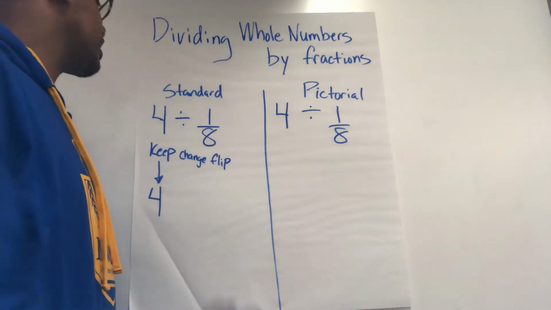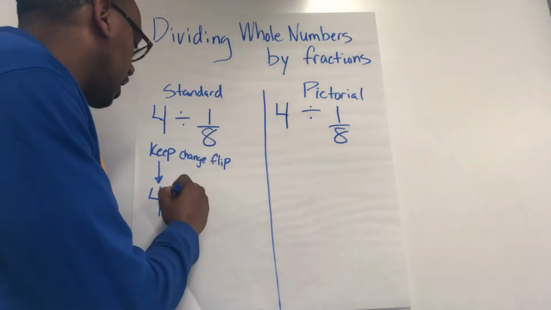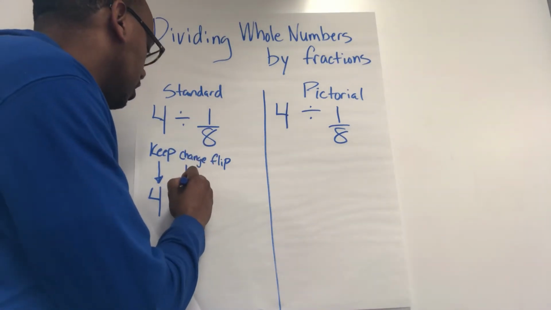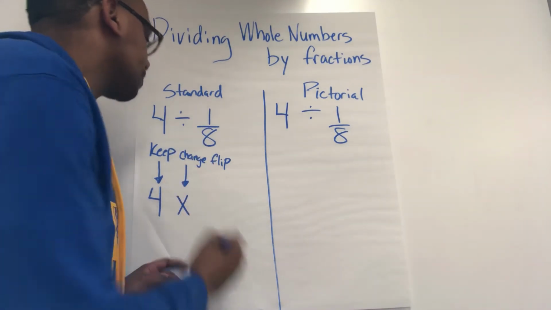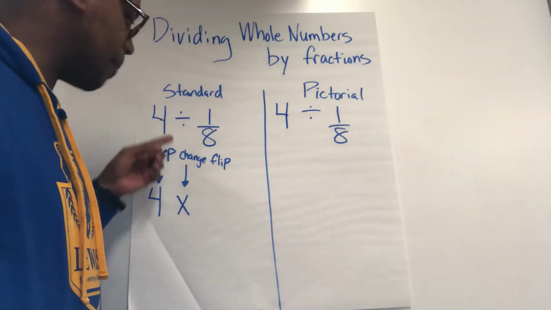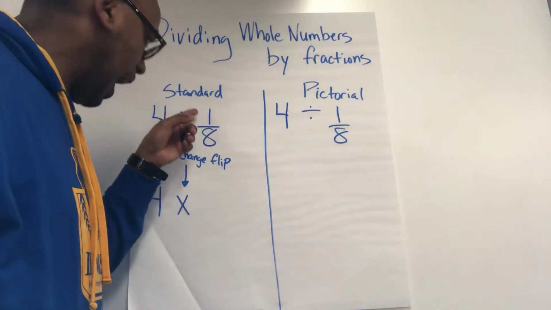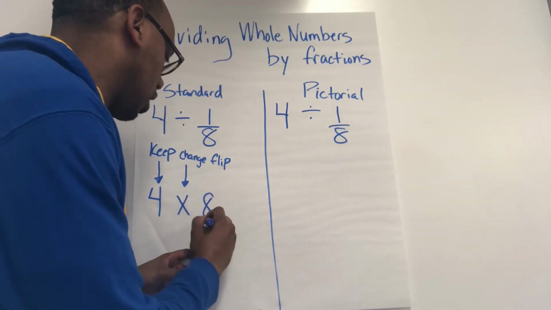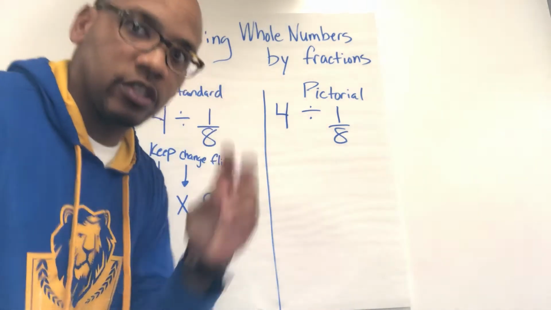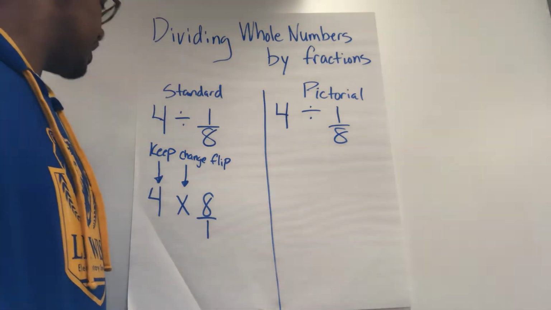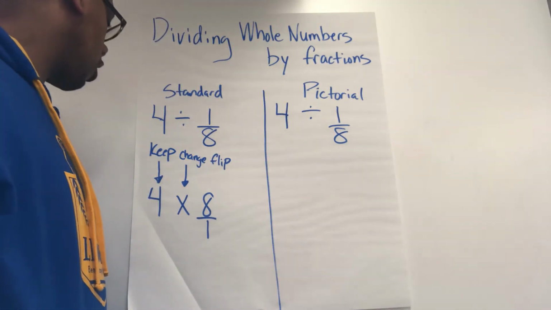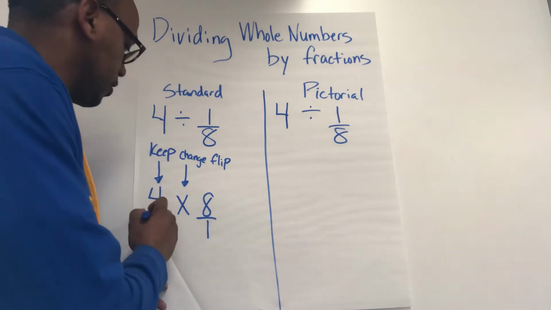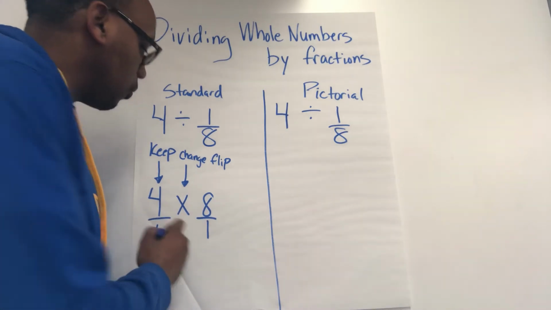And now, instead of dividing, I will change this to multiplying. Since I'm doing the opposite of division, I have to do the opposite of 1/8, which is 8/1, the inverse. Now I look at 4 wholes and say the fraction version of 4 wholes is 4/1.